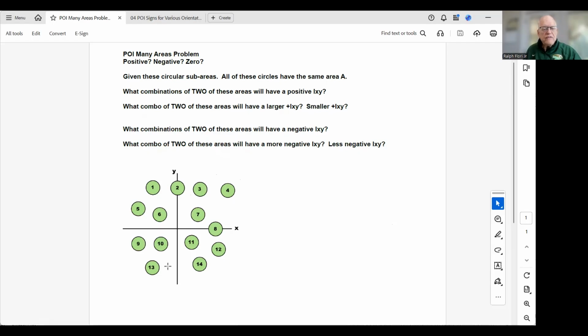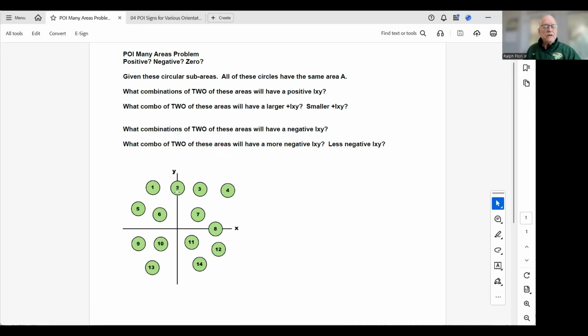All of these guys will have negative IXYs. And all of these guys will have negative IXYs because of the signs of the dx and dy terms.